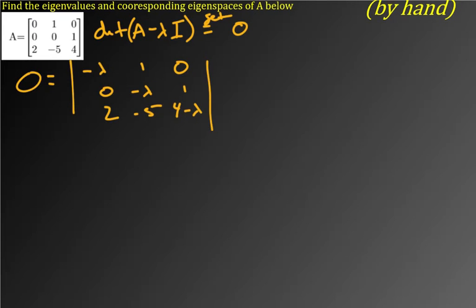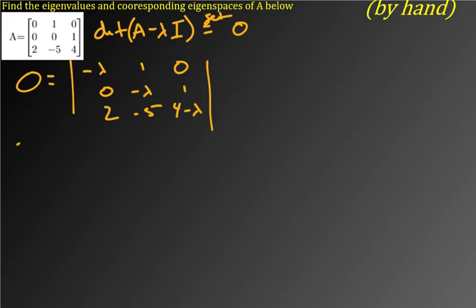And always take some time when you get a determinant, think about where it is going to be easiest to expand along, what row or column. The way I'm seeing it, it's either the top row or the second row. This one's not bad too, because there's still a 0. But basically, I'm looking for zeros. And to me, this is a little easier because there's a 1 instead of a 2. So I would just do it along this.